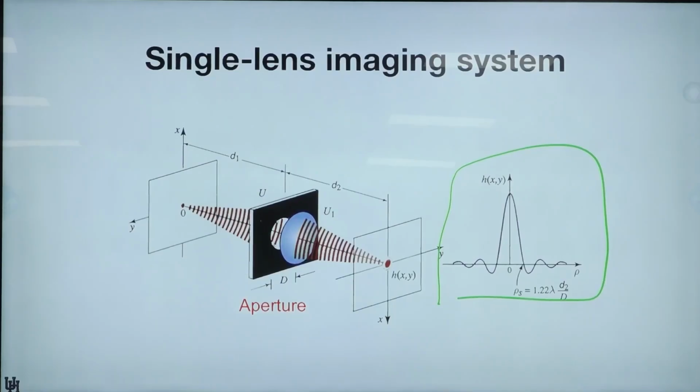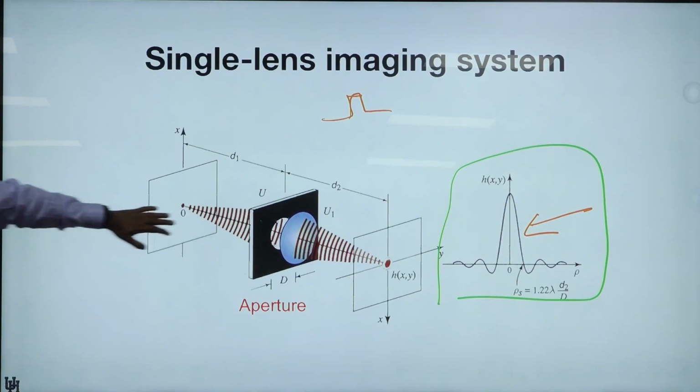Let me get back to this. You will see a shape which is something like a 2-dimensional sinc function. If you take a rectangle function and spin it around in a circularly symmetric manner, you get an aperture, this kind of circular hole.